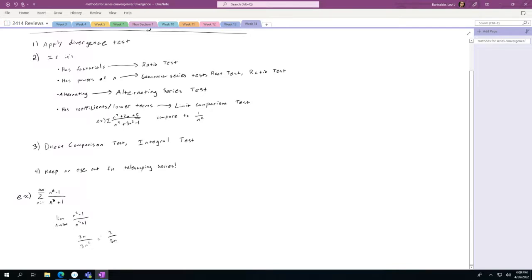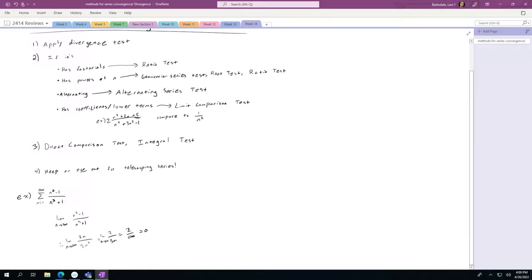And then the limit as n goes to infinity of this is 2 over infinity, so 0, right? Okay, so my divergence test tells me what? That this does not diverge? It doesn't even tell me that. It just tells me nothing, right? It is inconclusive. So I applied my divergence test. It told me nothing. What do I do next?